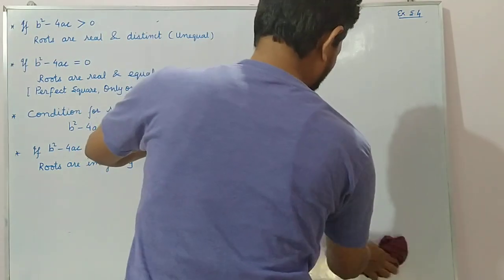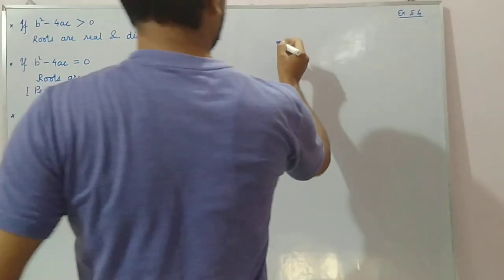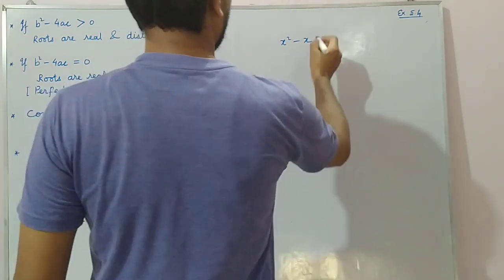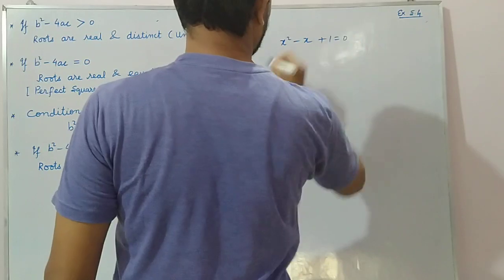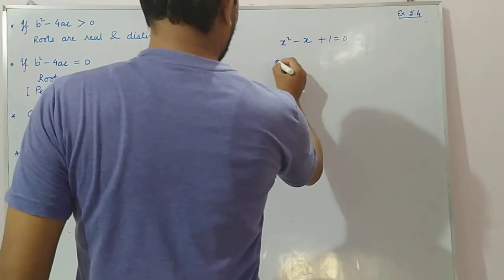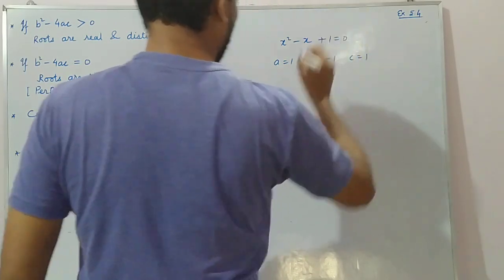Now related to imaginary roots, suppose it is given x square minus x plus 1 equal to 0. So a equal to 1, b equal to minus 1, c equal to 1.